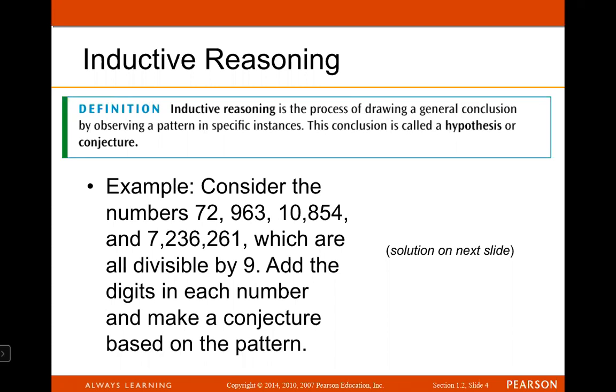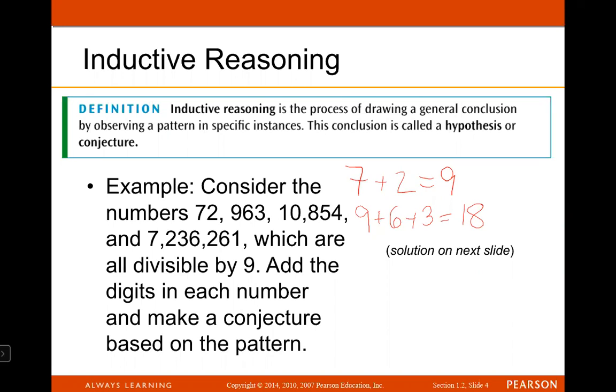So what they're saying is to take the numbers 72, right? 7 plus 2 gives us 9. If we look at the next number, 9 plus 6 plus 3, that gets us 9 plus 9, which is 18. 18 is divisible by 9.